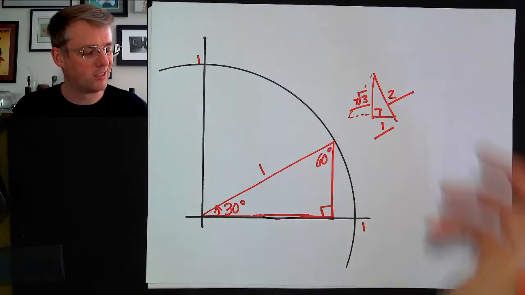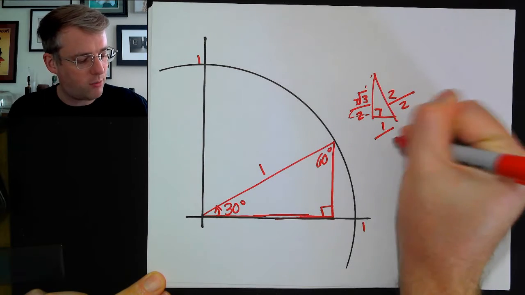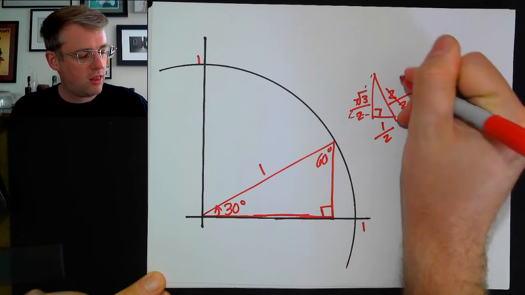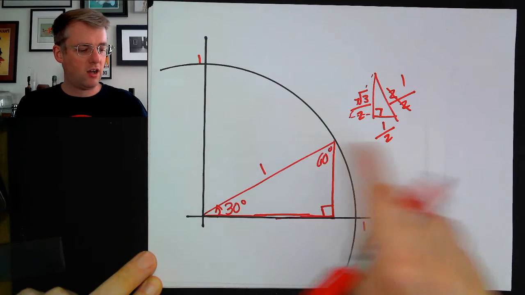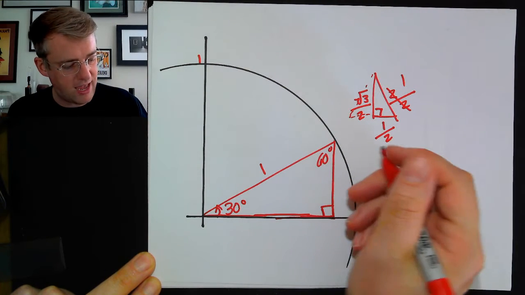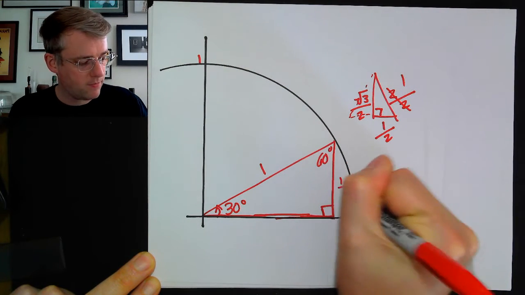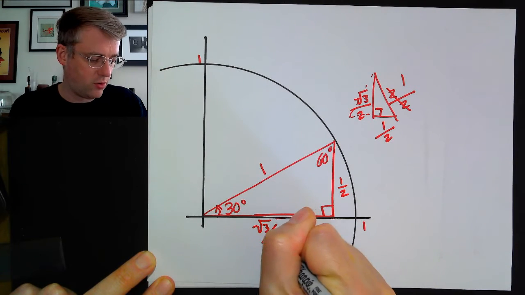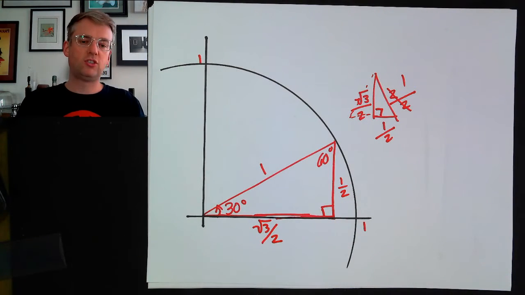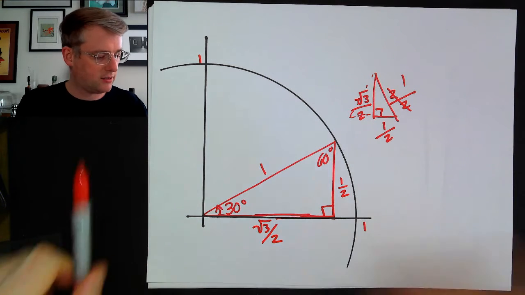Clearly these are not drawn to scale. If we divided by 2, then we've got 1 as our hypotenuse, like we have here. Our short leg would be 1/2, and our long leg would be radical 3 over 2. So, what does that tell us?